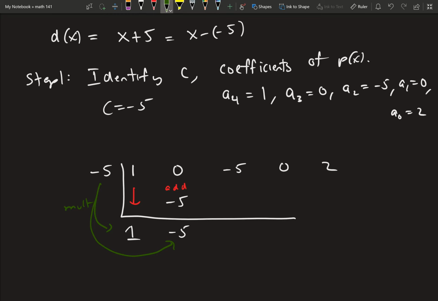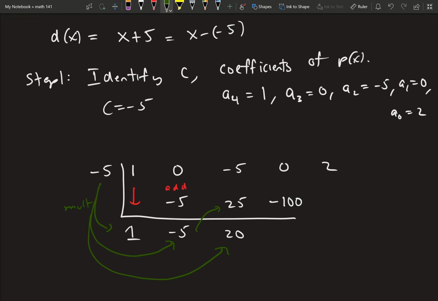And we put that positive 25 here. 25 minus 5 is 20. And then we multiply the negative 5 times the 20 to get negative 100.